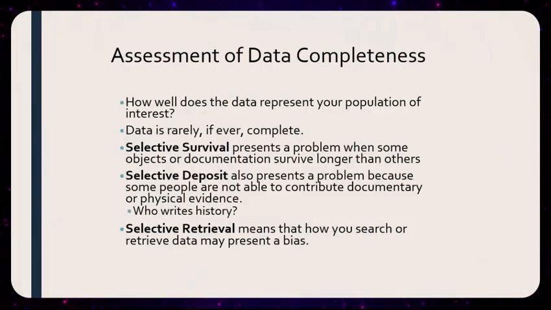And part of this issue, particularly with historical information, is assessing how complete it is. Data is rarely, if ever, complete, and that's because only certain things get deposited, survive, and are retrieved. Selective deposit, for example, represents a problem where some people are not able to contribute to documentary or physical evidence.